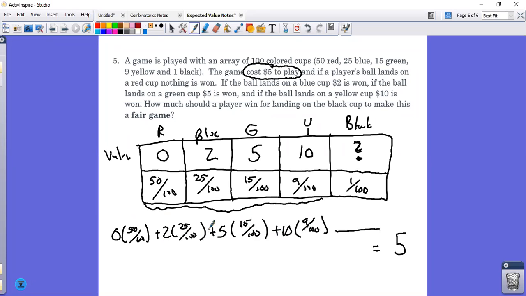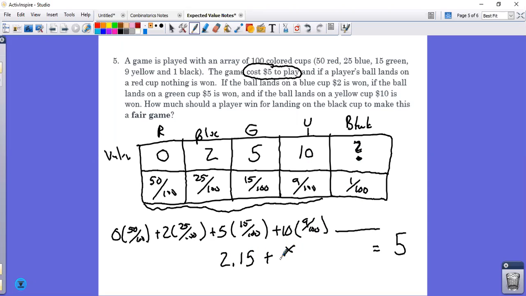So if you multiply that out, that comes out to 215, right? So plus some value, I don't know what, times 1 out of 100.